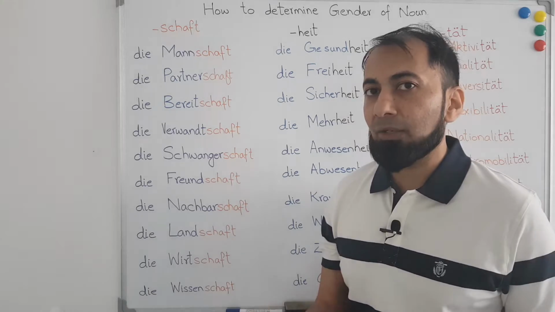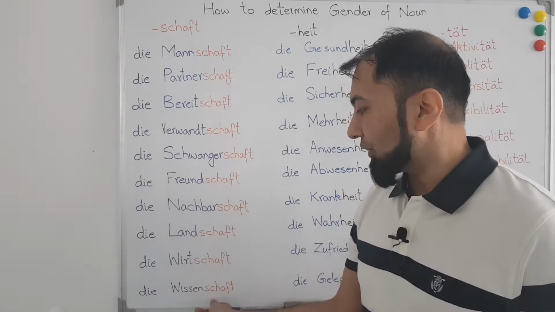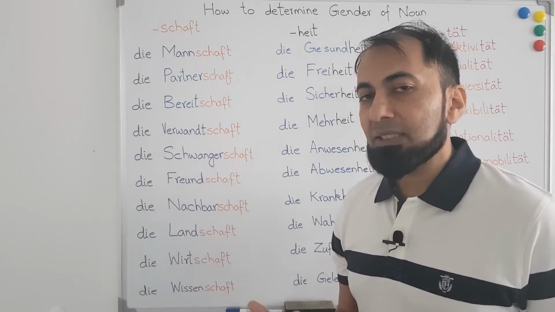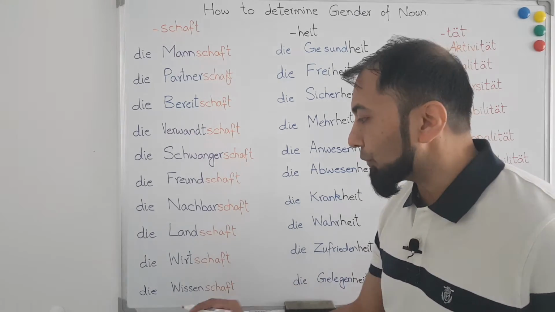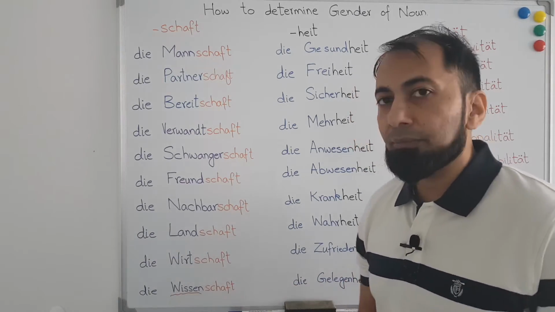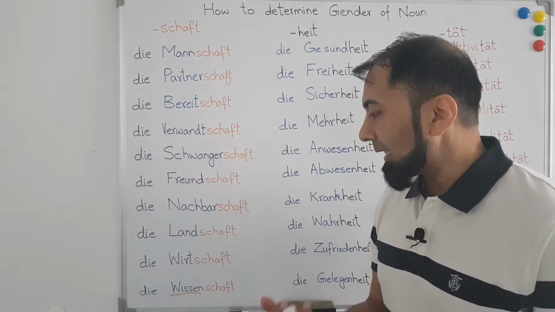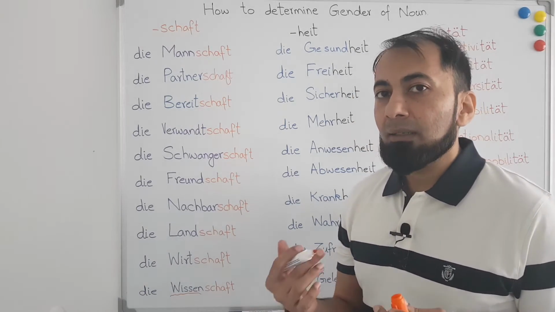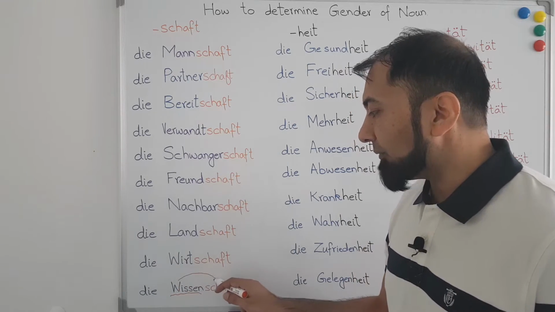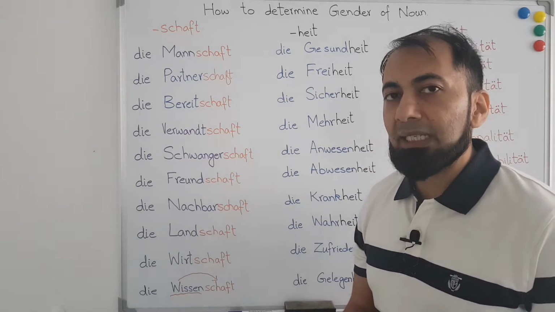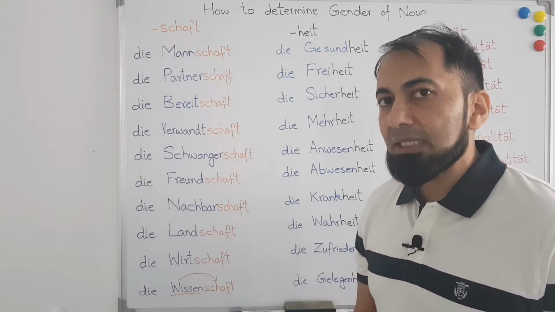Wirtschaft means economy. Die Wissenschaft. Wissenschaft means science. Now here again the first word is wissen, which can be used as a verb, which means to know, and it is also a noun which means knowledge. So if it is combined with the -schaft suffix, then it becomes Wissenschaft and it means science.